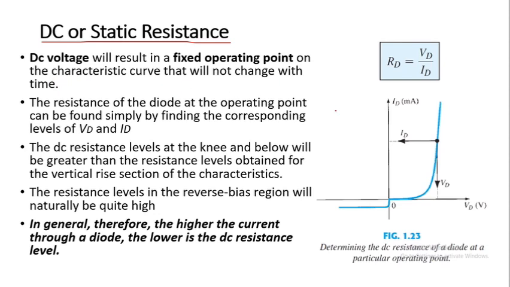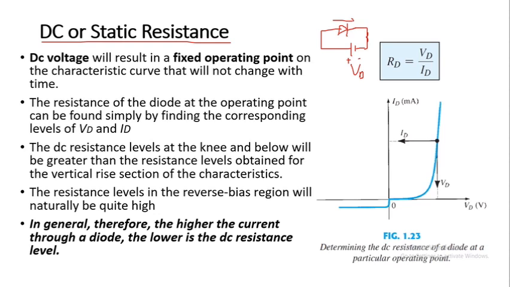with the time. For example, if you apply a DC voltage to a circuit of diode, if you include resistance also, then the Q point will not change.